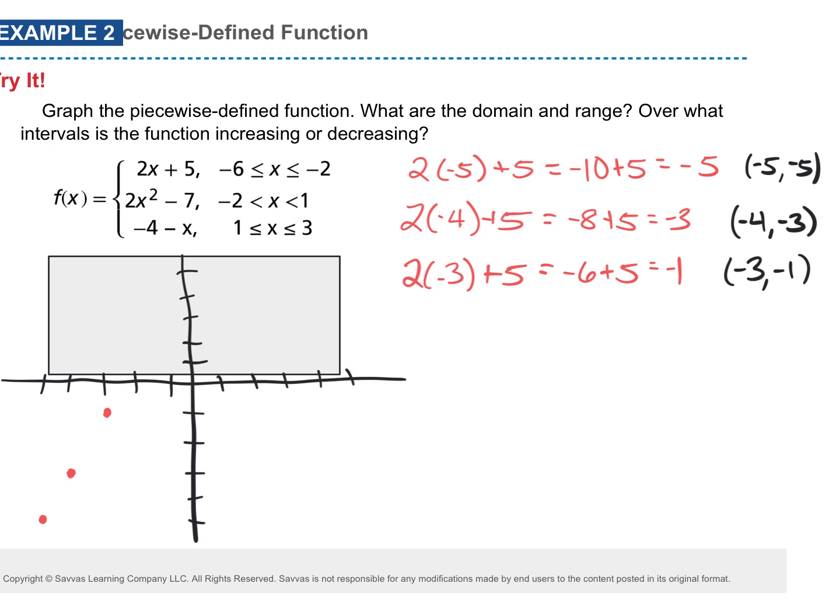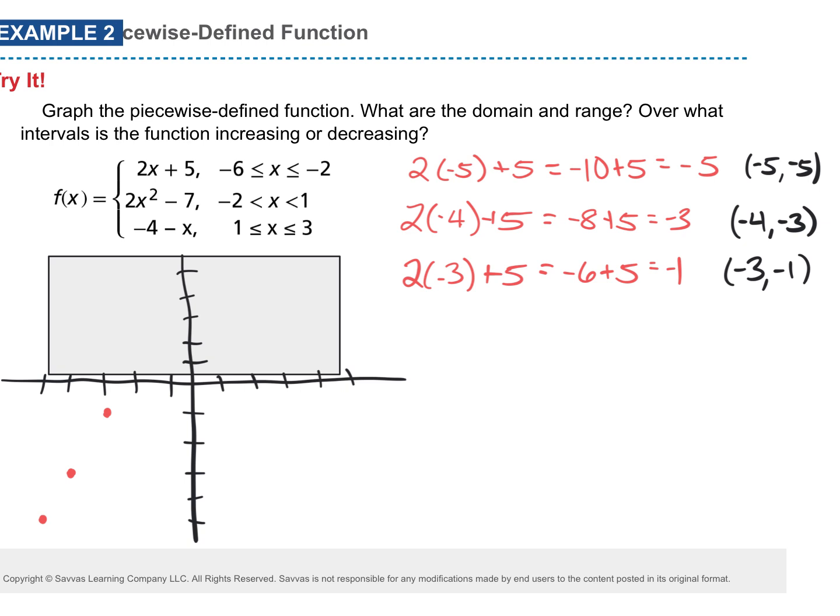Okay. What's my next X value? Negative 2. Which interval does negative 2 fall into? The second one. Okay, I hear 1 and 2. You're not wrong. But let's do the first one first because negative 2 is equal to. Okay, we know that's going to be open or closed? Closed.